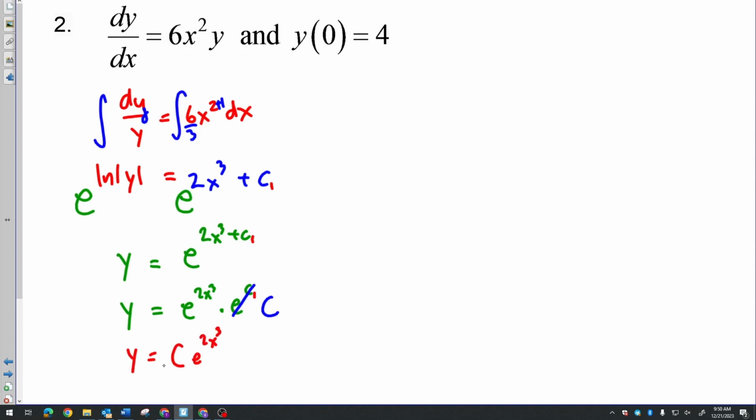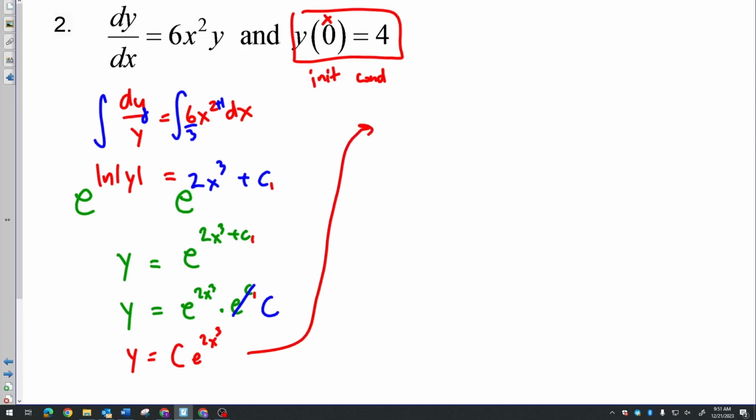And so this is equal to y equals c times e to the 2x cubed. And this makes it a lot simpler to plug in this initial condition. Okay, this initial condition says everywhere there's an x, put in 0, everywhere there's a y, put in 4. So while this is a great answer, it's not the right answer, because since we have an initial condition, we can solve for c. So let's go ahead and solve for c.